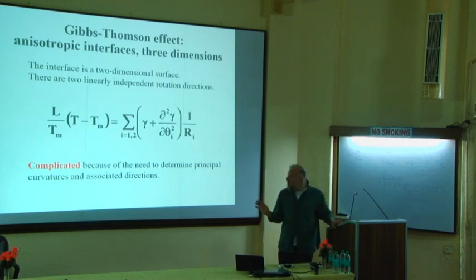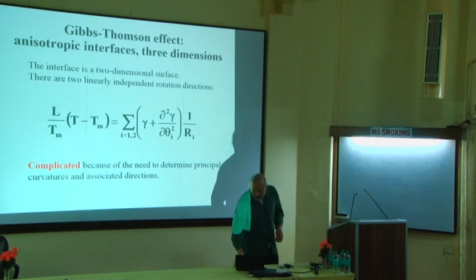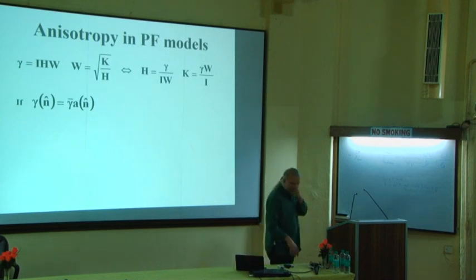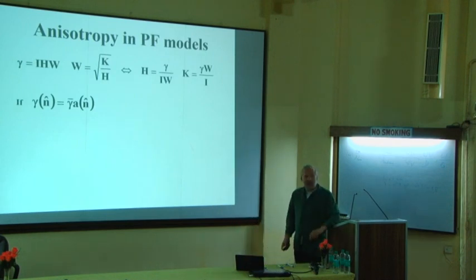Okay, why is that? Because precisely, that's why I have tried to construct phase field coming from thermodynamics. If you build in the right surface thermodynamics, then it should come out automatically. Okay? So how do I do that? Well, I have to go back to the surface energy.